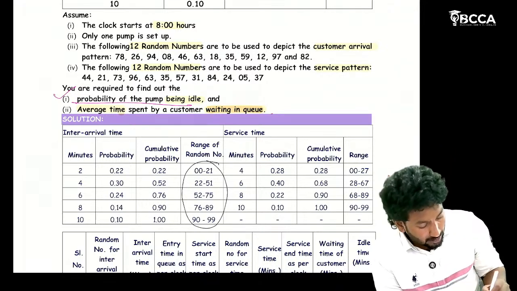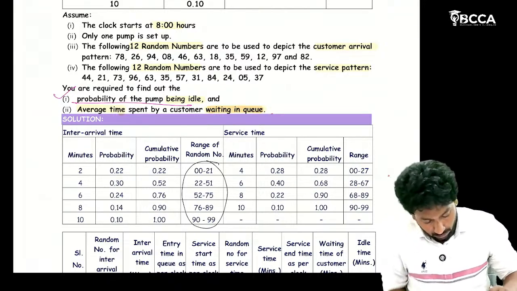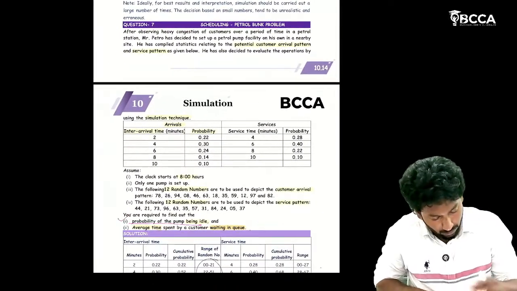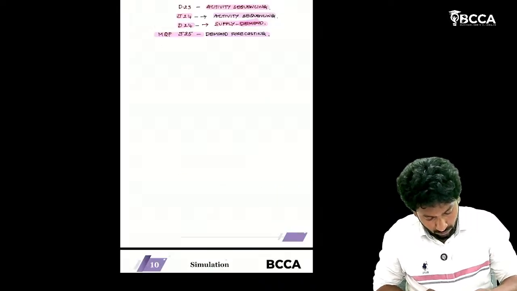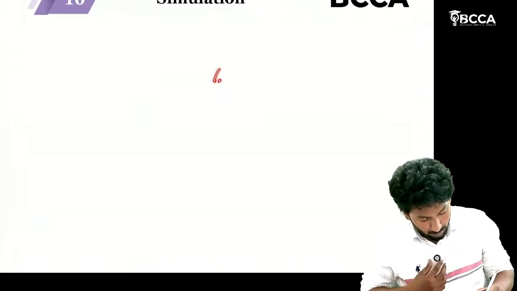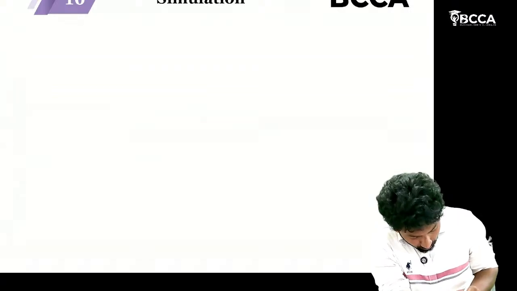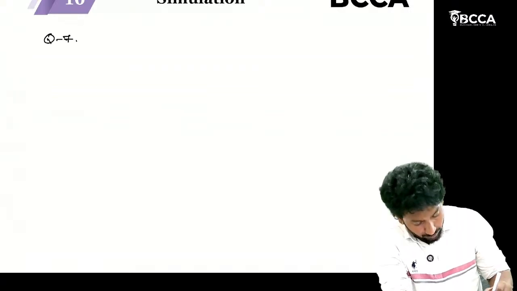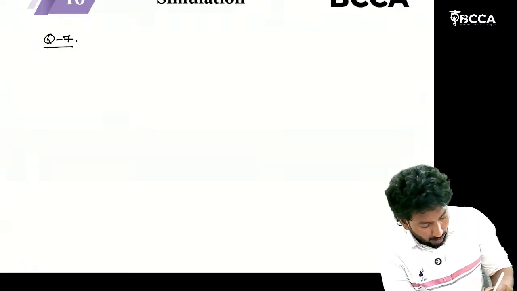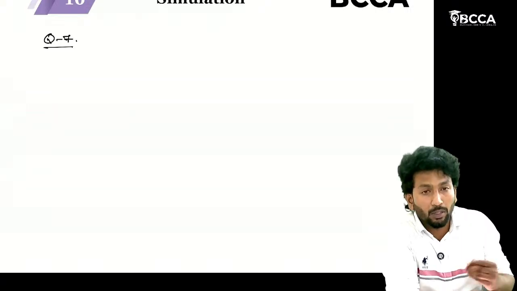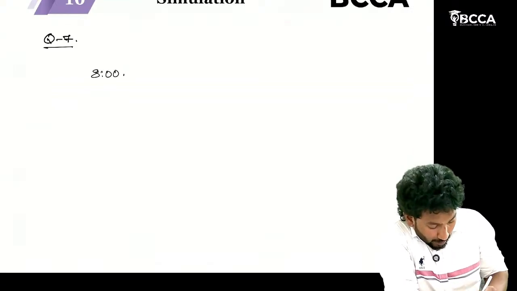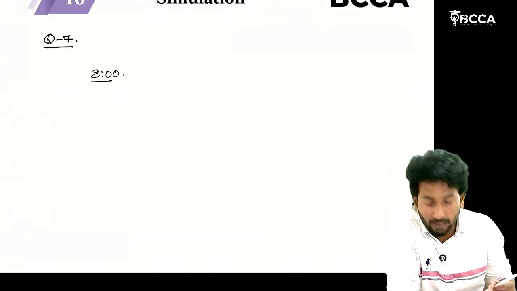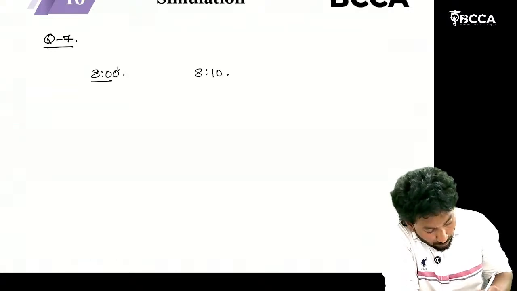Customer waiting time means, let's say for example, a customer entered into the queue at 8 a.m. If the service provider started giving his service at 8:10, that means for these 10 minutes he has to wait.